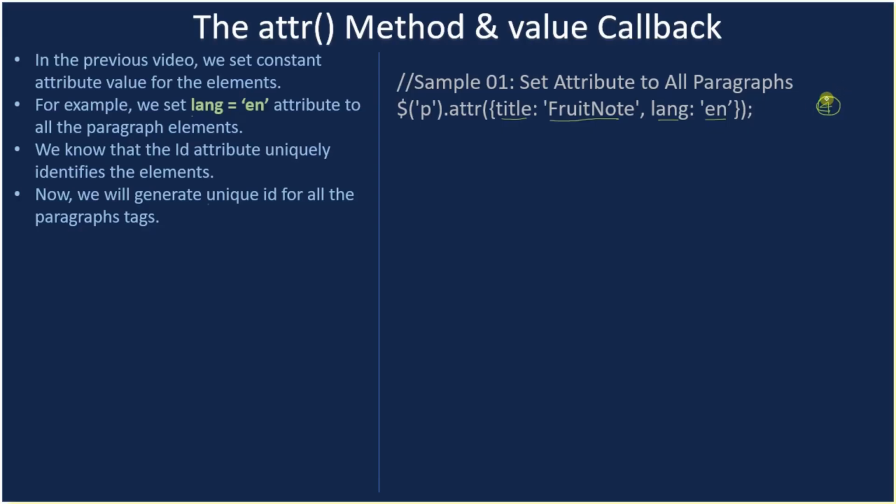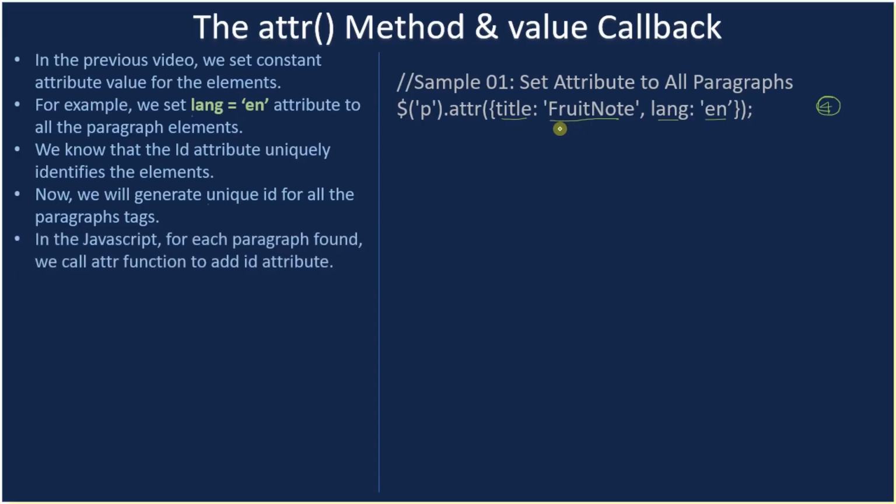We already saw that we have 4 paragraphs, and if we set ID equal to para, it may not be unique, right? The same value will be set for all 4 paragraphs. So that means we need to set the value dynamically by incrementing some index number, or it needs to be set at runtime. That's why for value we can make use of the value callback.